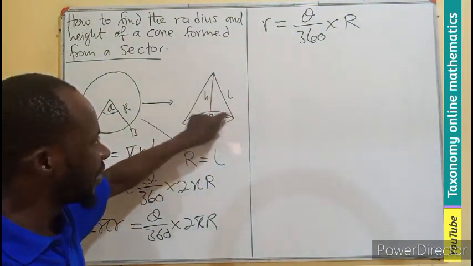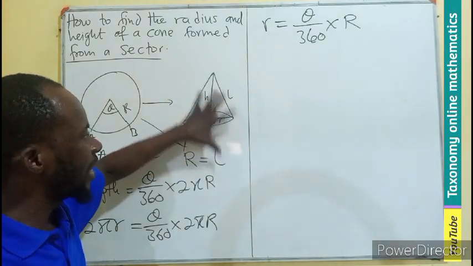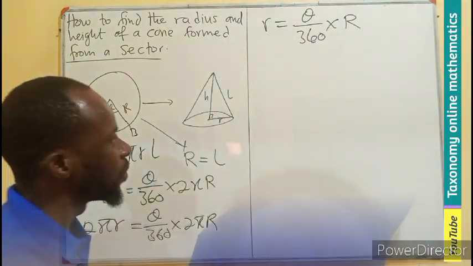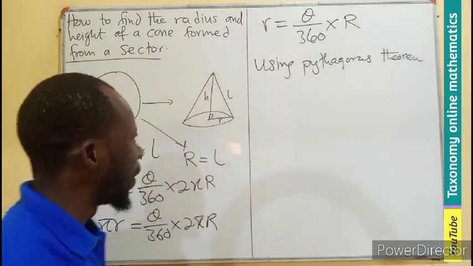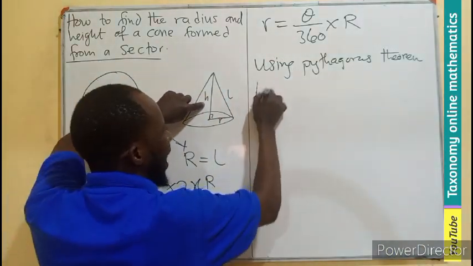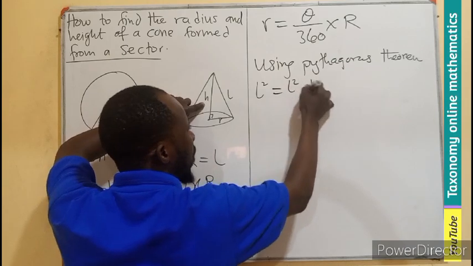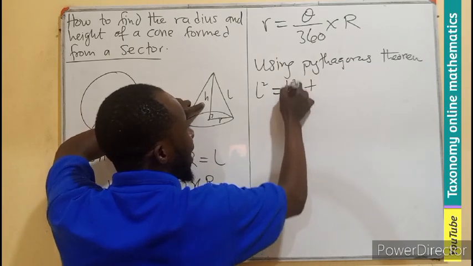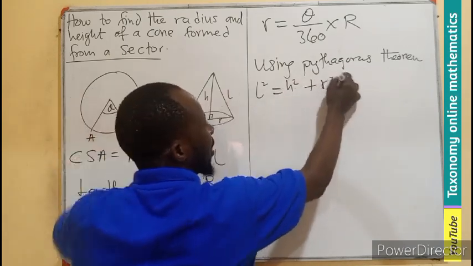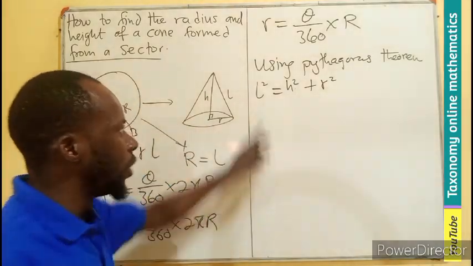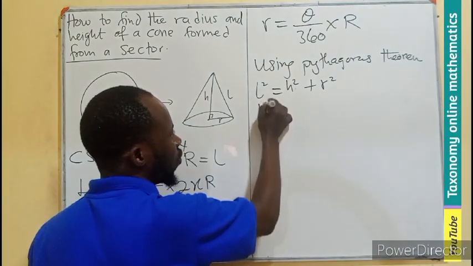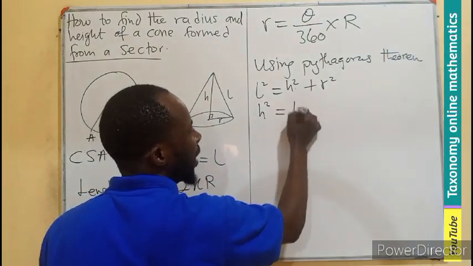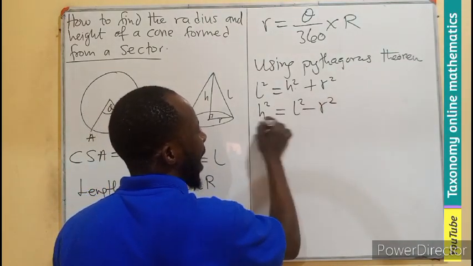We know the slant height. The height will just be part of a right angle triangle. So using Pythagoras theorem, I can say that L squared equals h squared plus r squared. But we know L and we know r, so h squared will equal L squared minus r squared.